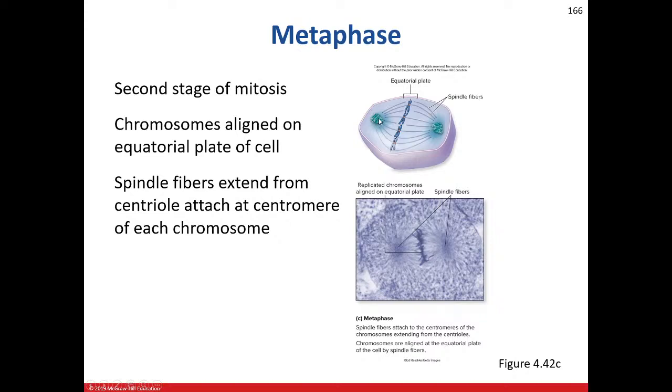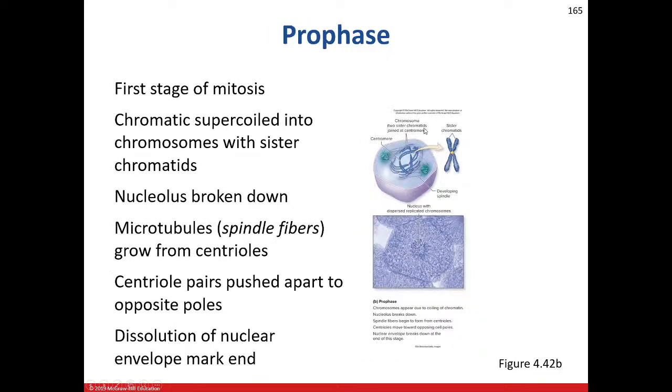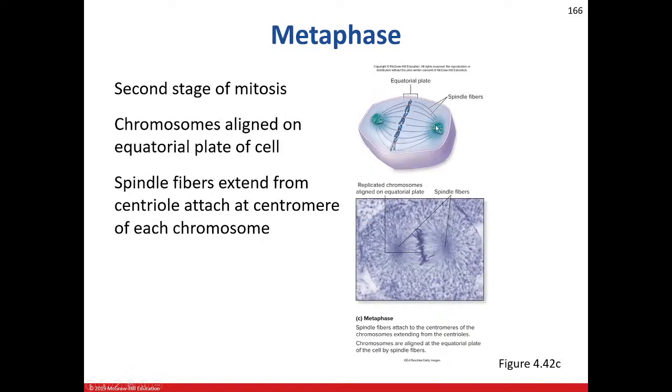The spindle fibers, attached to the centrosomes and to the centromeres of the sister chromatids, will line them up along the equatorial plate. The equatorial plate is just this midline where we're going to divide the cell later. That lines them up in metaphase.